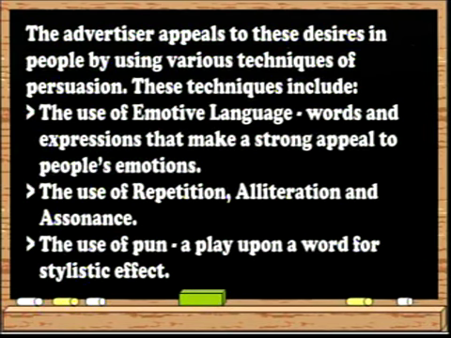The advertiser appeals to these desires in people by using various techniques of persuasion.